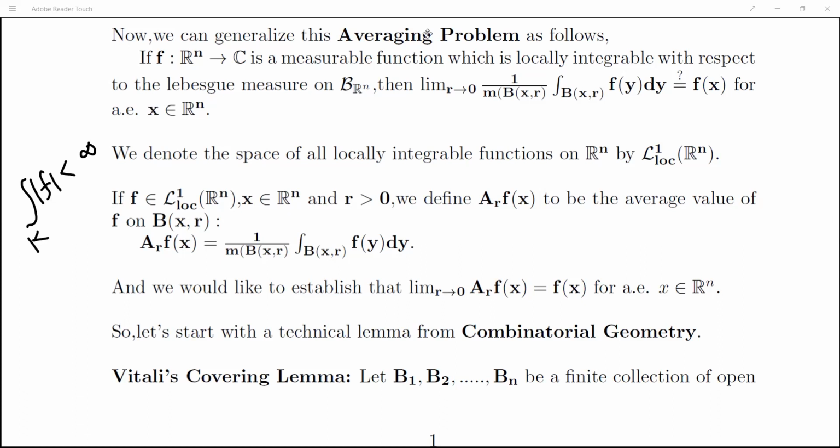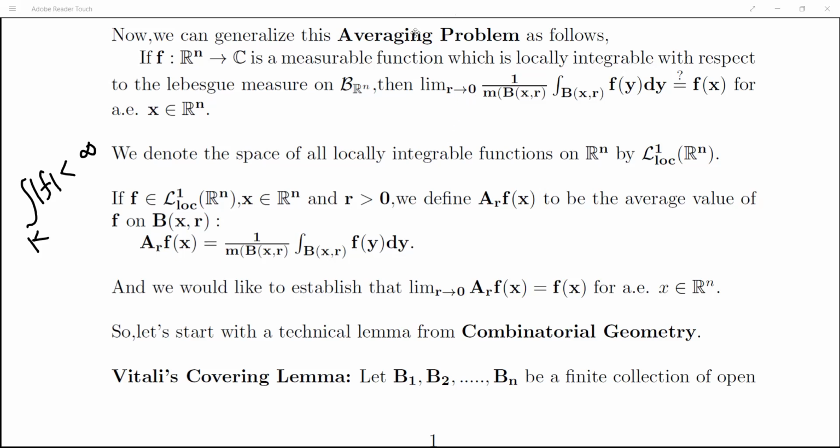So you can think of it like, for every point there is a bounded measurable neighborhood such that in that neighborhood the integral of f is finite.